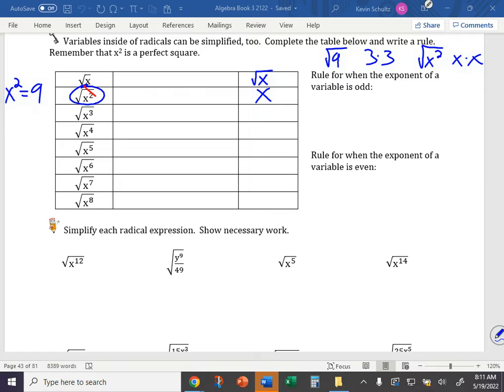just like how we want to break up a number into its 2 perfect square factors, how can we break apart x cubed into 2 factors, one of which is a perfect square? Max? You would do x squared and then just x.